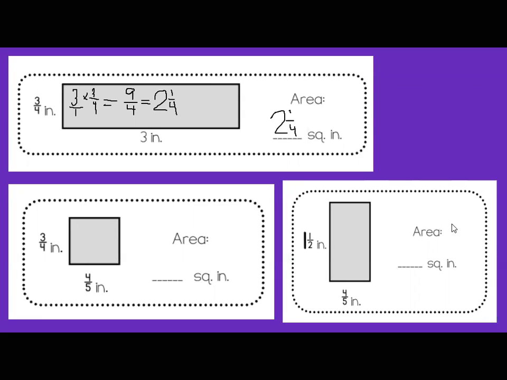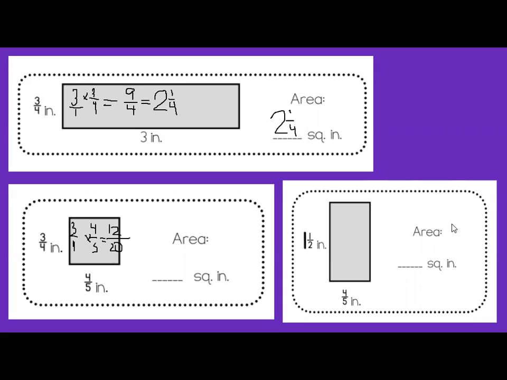Next, we have 2 fractions as our dimensions. So we're going to multiply 3/4 times 4/5. 3 times 4 is equal to 12. 4 times 5 is equal to 20. So we have a proper fraction, but we need to look at it a little further to see if this fraction can be reduced or simplified.